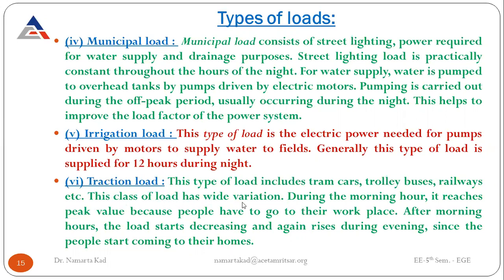So this class of load has wide variation, and during the morning hour it reaches peak value because people have to go to their workplace. After morning hours, the load starts decreasing and again rises during evening since the people start coming to their homes.